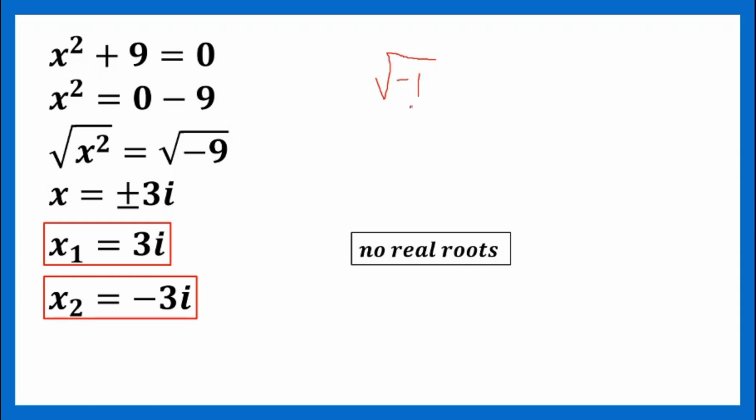Kapag may nakita kang square root na naka-negative sa loob, automatic magkakaroon siya ng imaginary. So, since here, square root of negative 9, ito kasi ay negative tapos nasa square root symbol, automatic, expect mo na magiging sagot ay merong imaginary. Ayan. So, obviously, since imaginary ito, no real roots siya. So, tama tayo ng description.